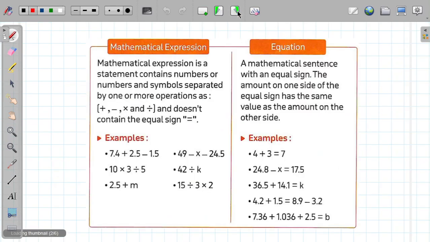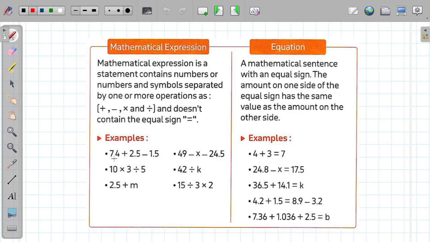So I can define the difference between the mathematical expression and the equation like this. The mathematical expression is a statement that contains numbers and symbols at the same time, separated by one or more operations such as addition, subtraction, multiplication, or division, and doesn't contain the equal sign. So the expression does not contain the equal sign.